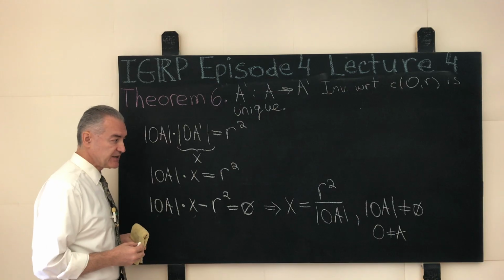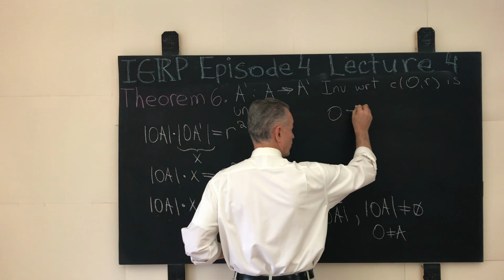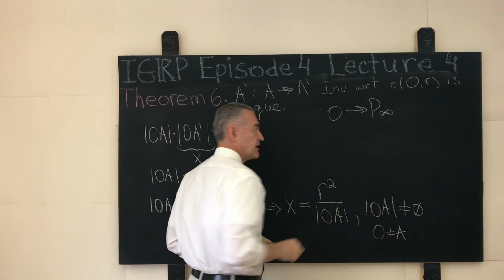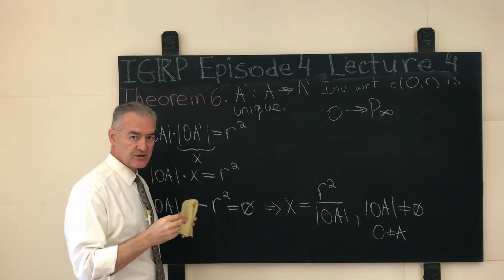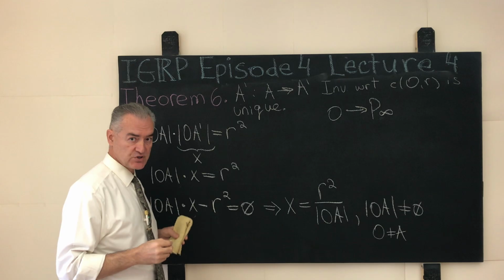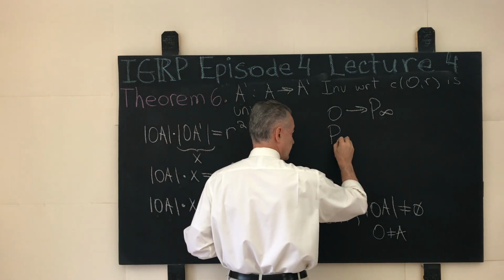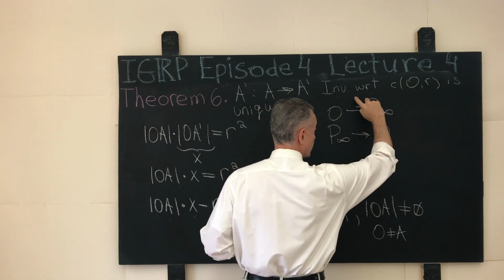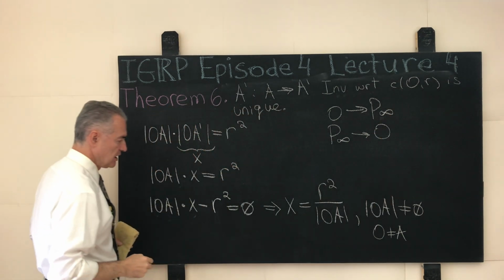We say that the center of inversion is taken into the point at infinity, which we remember is what? This is the planar image of the north pole of the Riemann sphere under the corresponding stereographic projection. And conversely, the point at infinity is taken into the center of inversion under the inversion of the plane with respect to a circle, and so on.